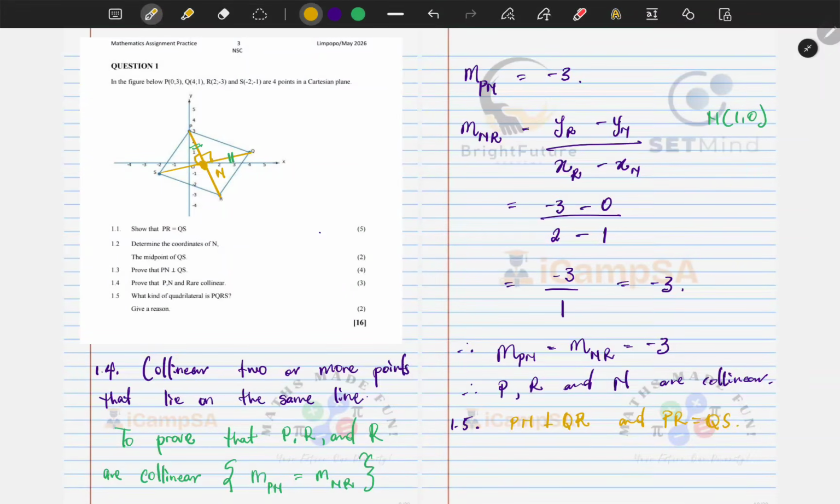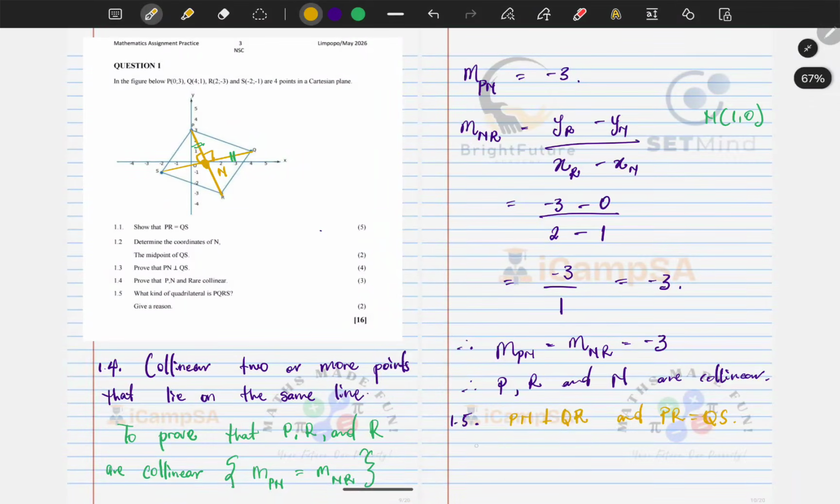So what kind of a quadrilateral gives us lines that are perpendicular to each other and also equal? Because remember that we also know that your n is the midpoint of QS, right?